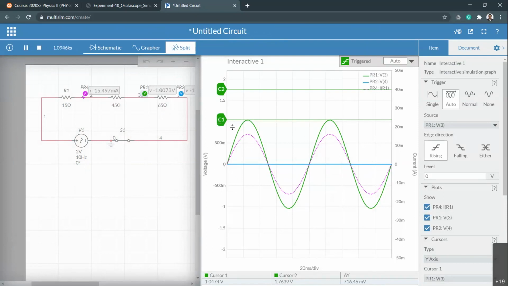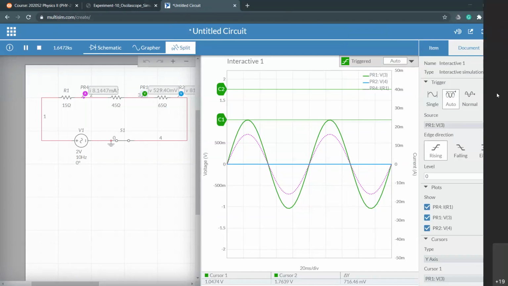If you read the green line, cursor number 1, that value is 1.0474. That is the voltage across the resistor R3. So that measurement is fairly straightforward and easy now.